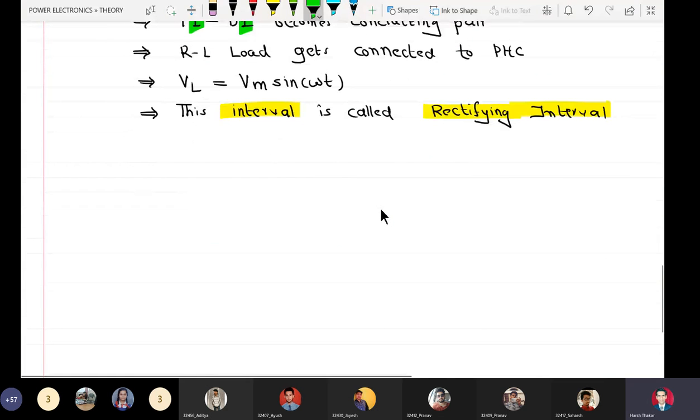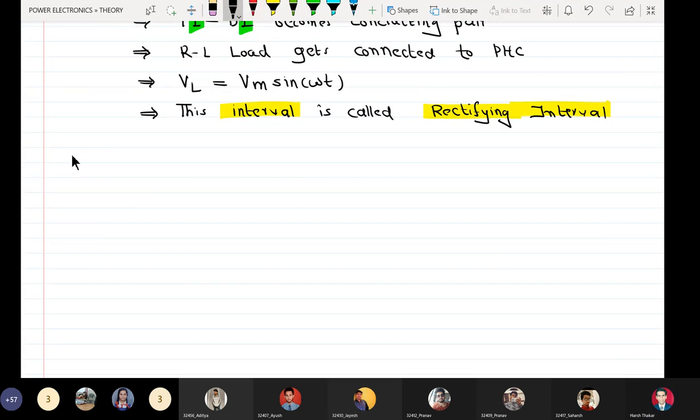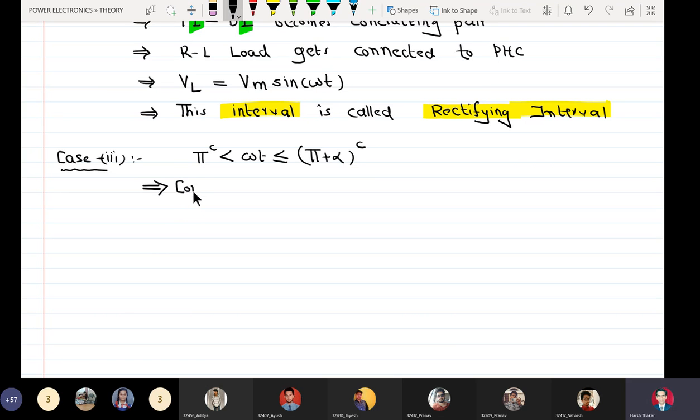Okay, now case 3 is exactly same as case 1. So case 3, it is the interval omega t greater than pi radians and less than or equal to pi plus alpha radians. Okay, so now what do we consider? Just as in case number 1, we considered omega t equal to 0 minus, we have to consider pi minus.